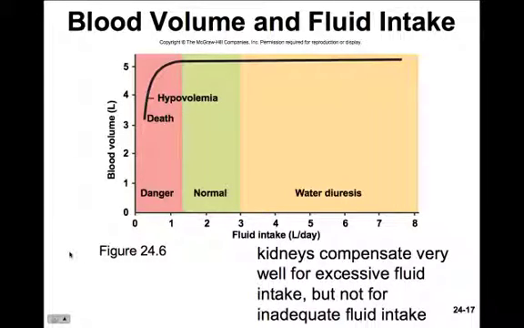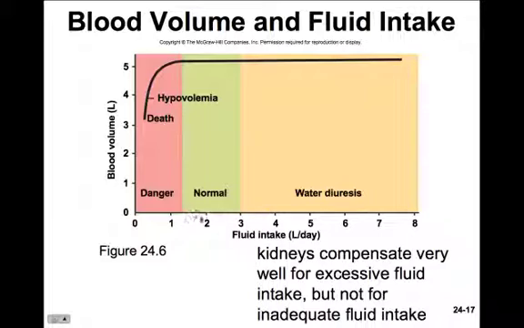So here's a figure that exhibits the blood volume and fluid intake. It shows that the kidneys are very adept at compensating for excessive fluid intake, but they're not so adept at compensating for inadequate fluid intake. You see down here in the range of danger, if you're taking in less than a liter and a half a day, it's very dangerous because the blood volume will drop with that decrease in intake.